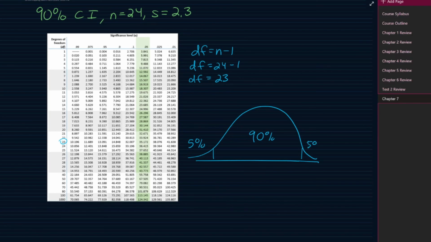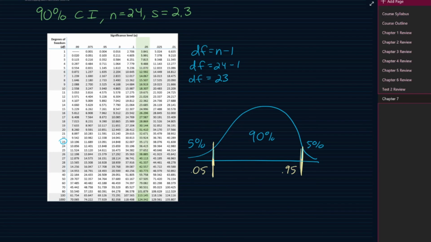So this value, we want 0.05 to be to the left of this. And this value over here, we want 95% or 0.95 an area to the left of. Right, the area to the left of this value over here is 95% of the area, aka 0.95.